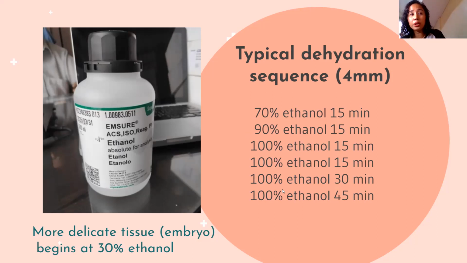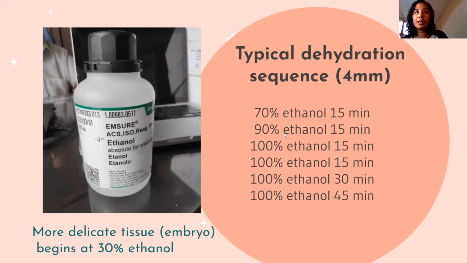So in the fourth change of 100% ethanol, dapat malinis na to. Wala na ang ethanol and fixative. These changes are important to ensure that your water is removed talaga completely. It's not in your alcohol. So kailangan ng change.